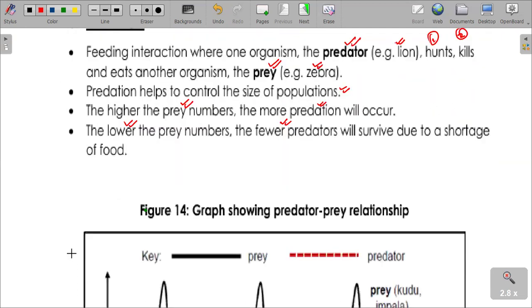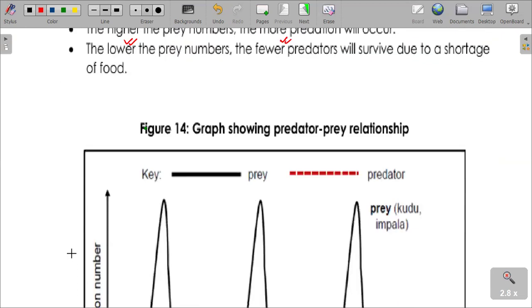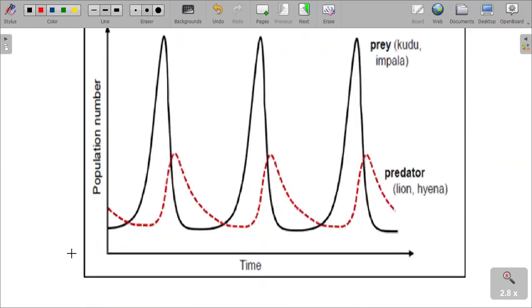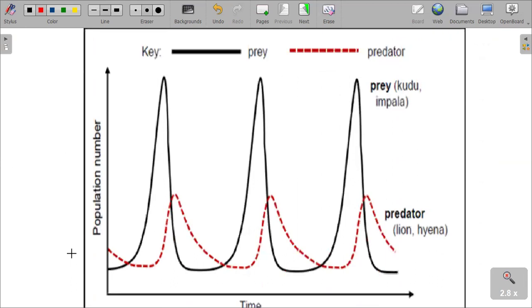So I have attached a graph that shows the predator-prey relationship. This graph helps to give students an understanding of the balance between predators and prey. There is a key where the bold line represents the prey, and the broken red line represents the predator.